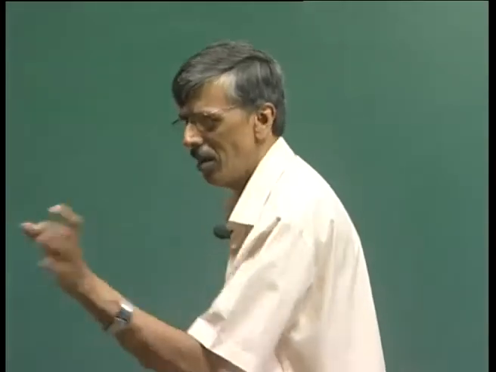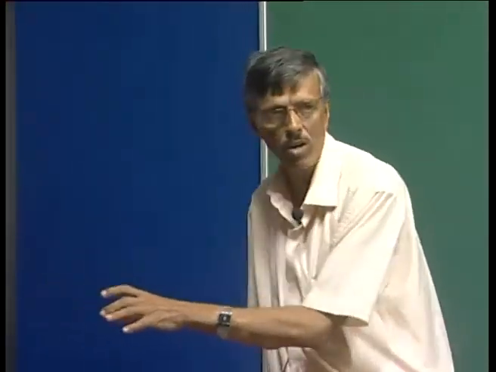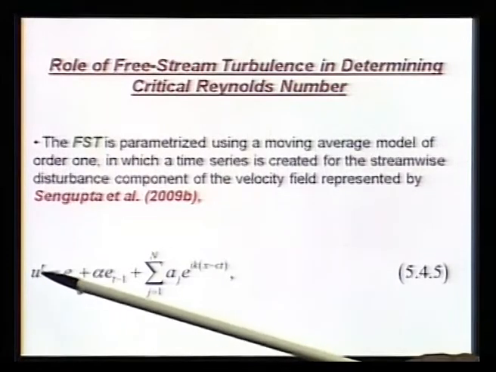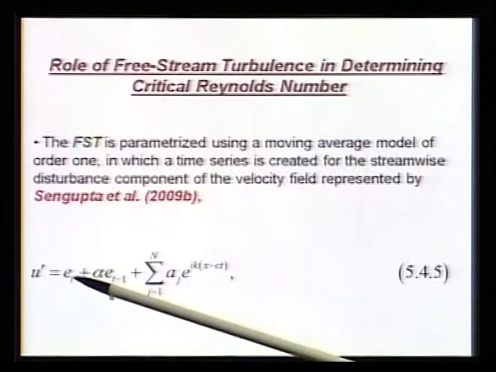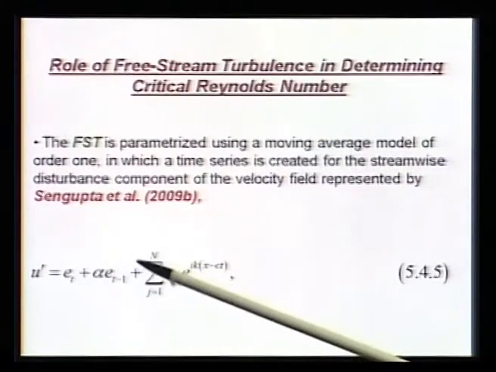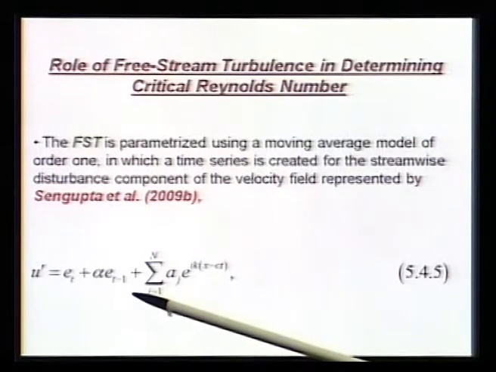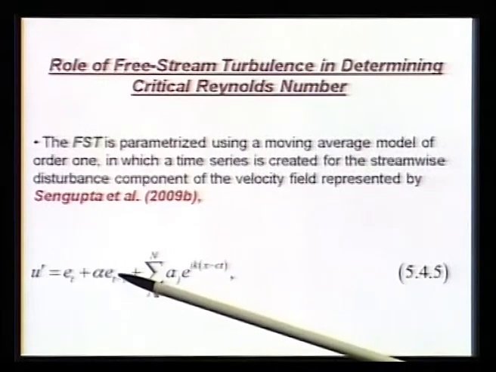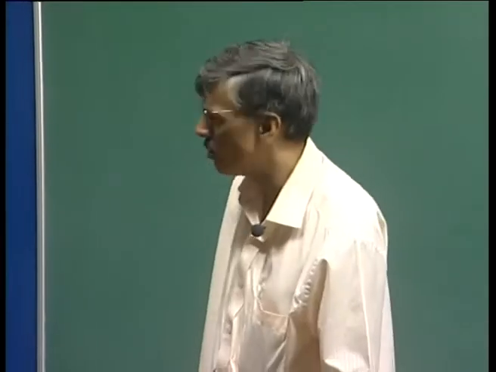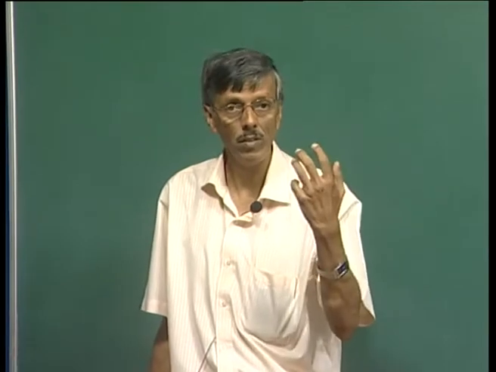So, it has a 0 mean and you have some second order moment. So, what you do is you generate a time series that is given in terms of the normal distribution at time t and the prior time t minus 1, okay, and this is multiplied by some coefficient alpha that we want to keep, because we are going to mimic the second order moment and the fourth order moment.